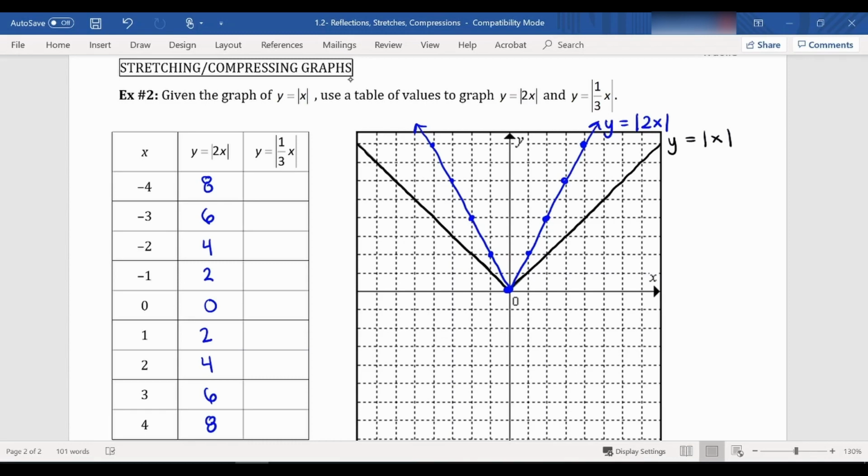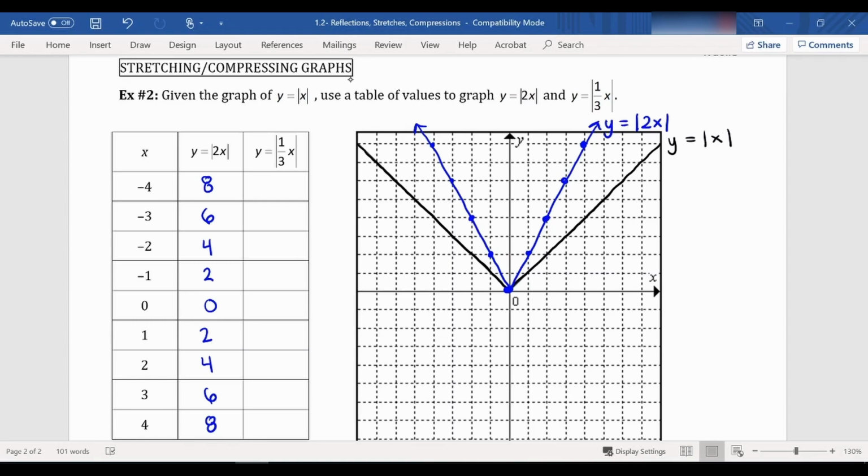Just on the page before, if the negative was inside the function with the x, that was a horizontal reflection. Here, if we have a number inside the function with the x, that is going to be a compression or a stretch horizontally. Okay? If our number was outside of the function, that would be a vertical stretch or compression.